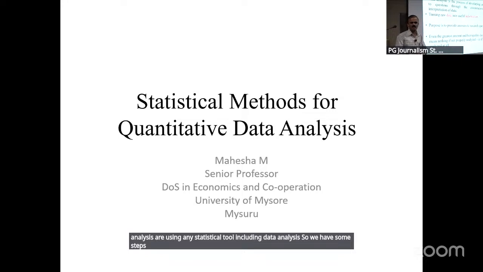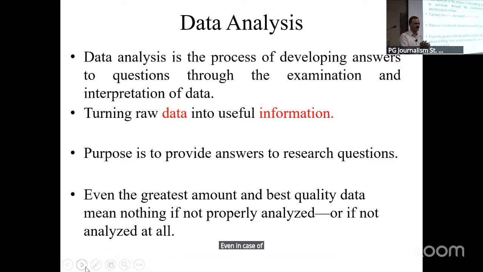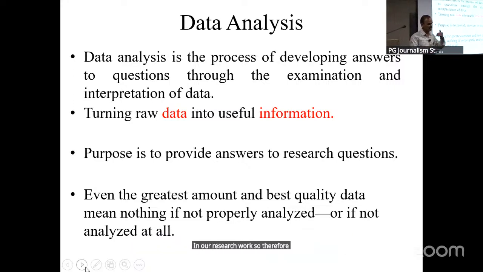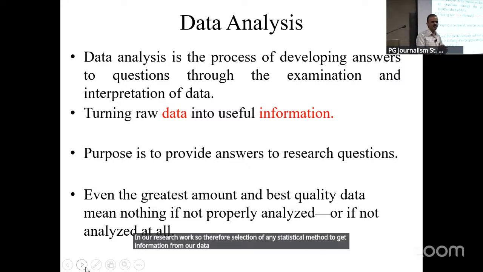The first step, even in the selection of any statistical tool or statistical methods for our analysis of the data, is that we need to first identify the issues. Those issues are nothing but the research questions which we have raised in our research work. So to select any statistical method to get information from our data, the first step is identification of the issues.